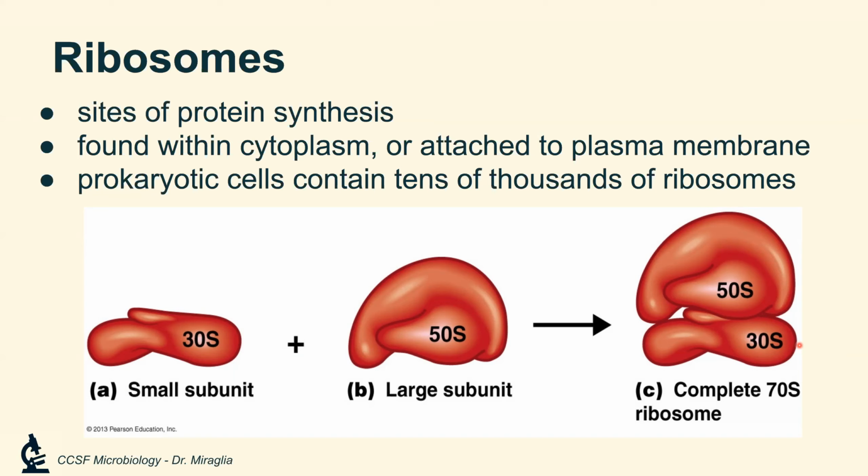A Svedberg unit is a reference to how fast the particle sediments in an ultracentrifuge, which is basically an ultra high speed centrifuge. The 30S and 50S both sediment based on their density, as does the 70S complete ribosome, and it just so happens to sediment at 70 Svedberg units if it's complete. Anyway, it's not critical that you memorize that, but hopefully it explains why 50 and 30 makes up a 70S ribosome.